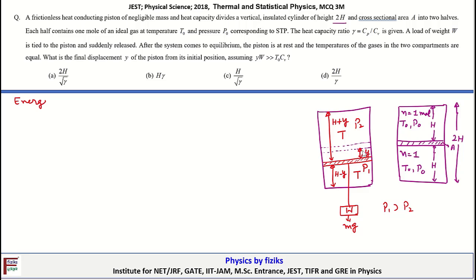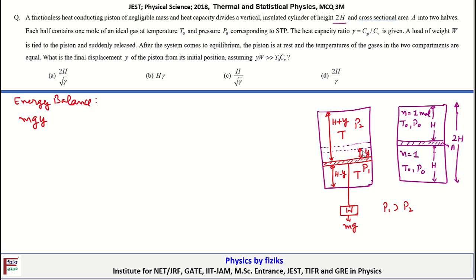Energy balance. When the piston is moving in the downward direction by an amount y, the corresponding change in the potential energy is mg into y. That's the height, because the piston is moving by an amount y.